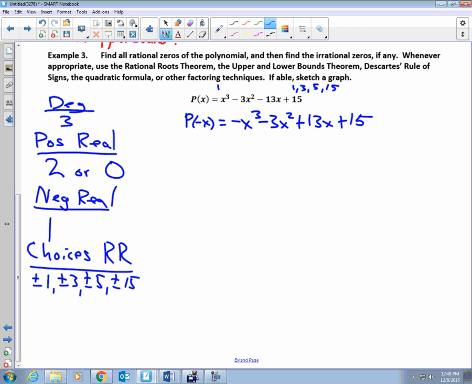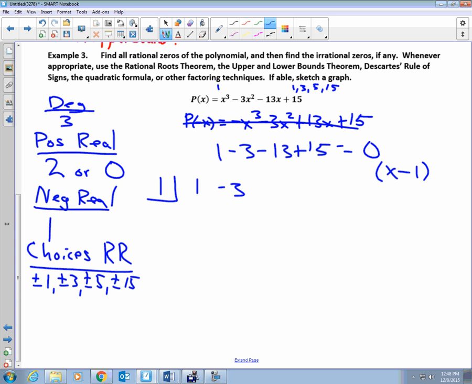So let's try 1. You plug in 1, you get 1, minus 3, minus 13, plus 15. Does that work out? Yeah, so 1 works, so therefore x minus 1 is a factor. So we're going to divide 1 into the polynomial, and I get 1, negative 3, negative 13, 15.